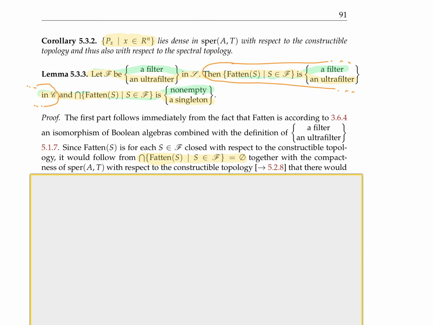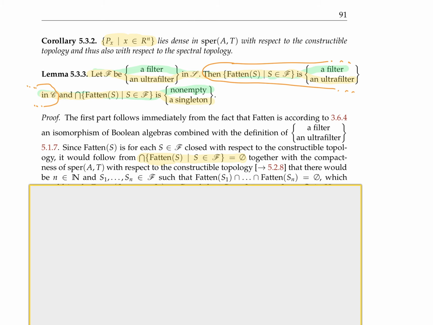So it would follow that this is an empty intersection of closed sets in a compact space, right? That means the union of the complements is everything in a compact space, and the complements are open, right? So from this you get an open cover of the whole space Spec_r A_T, but this is compact, already quasi-compact would be enough.